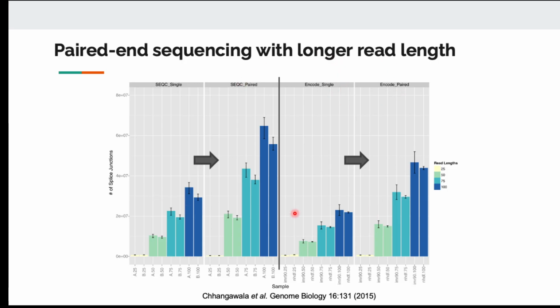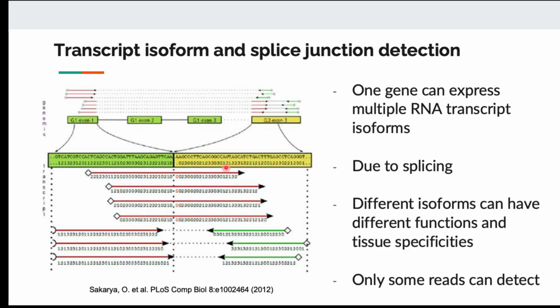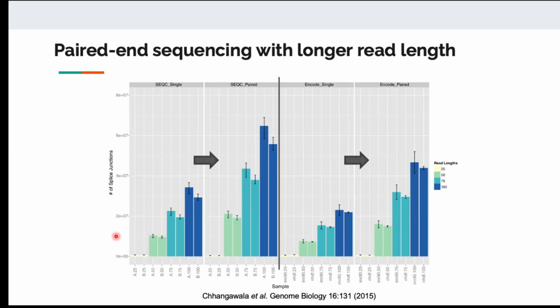What you can tell at a glance is when you switch from single-end to paired-end: with single-end, you have to have the read map to the junction. With paired-end, as long as it covers the junction, you are good. So by switching from single-end sequencing to paired-end sequencing, you get twice as many isoforms detected. That's a good sign, and nowadays we are doing paired-end sequencing.